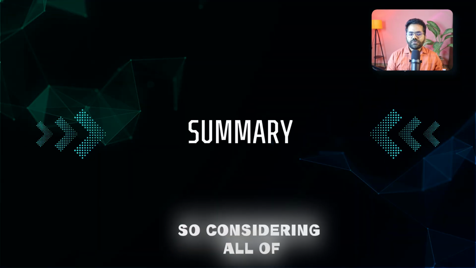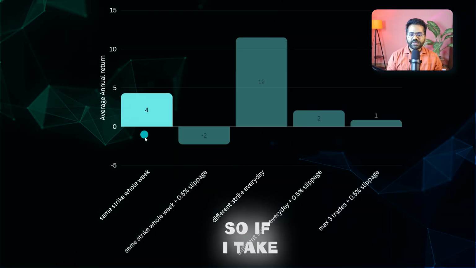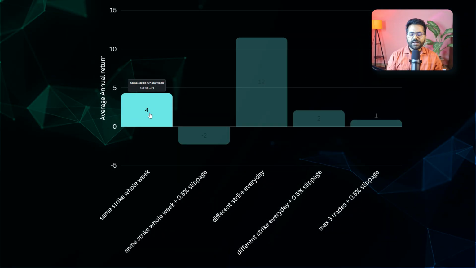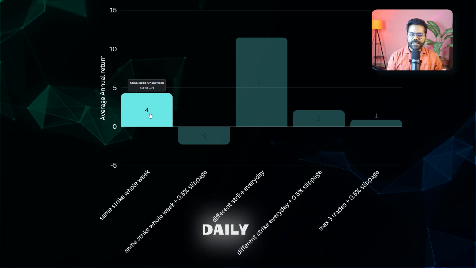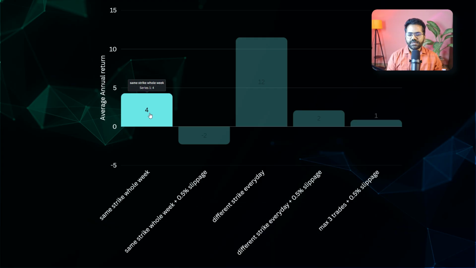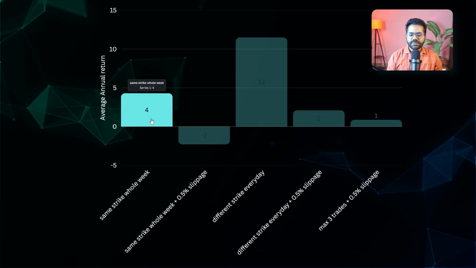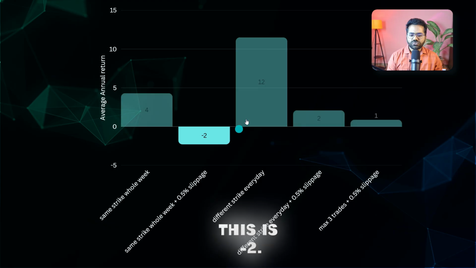So considering all of this, let me summarize. If I take the same strike the whole week, and daily come at morning 920 and sell based on the entry condition and exit by evening, I am making 4% on average annual return. If I add slippage, this is -2.